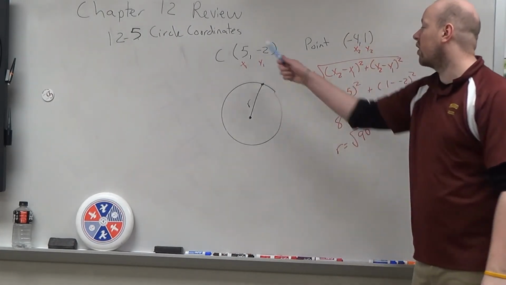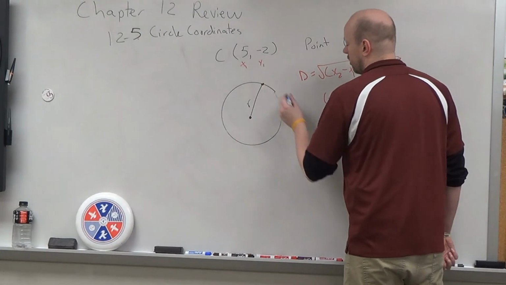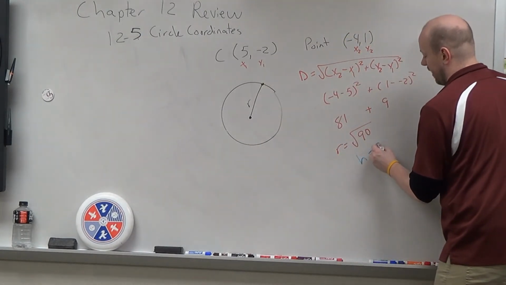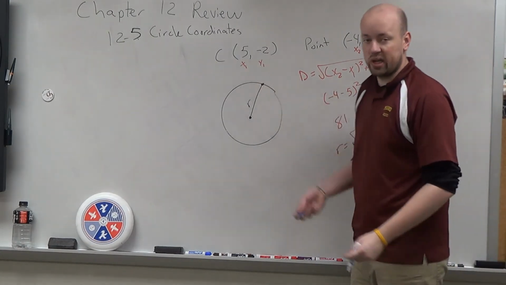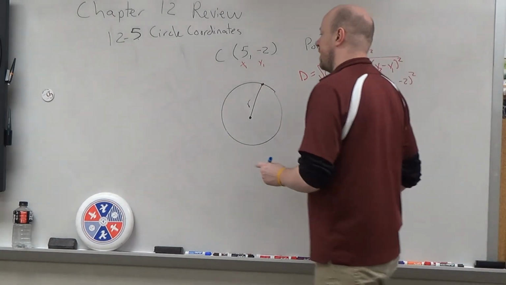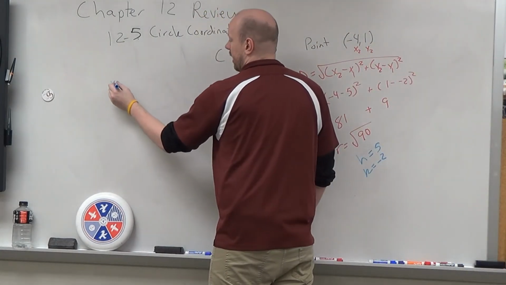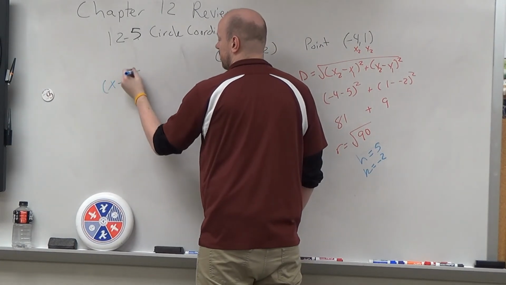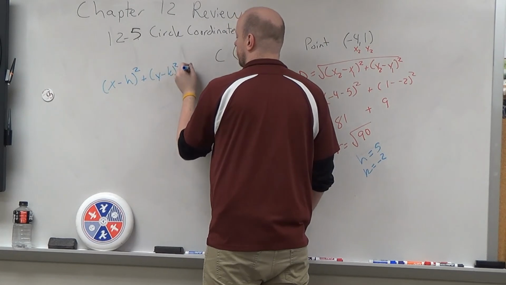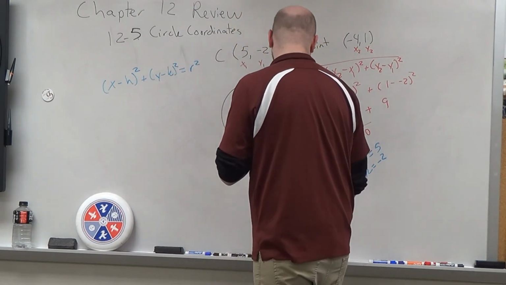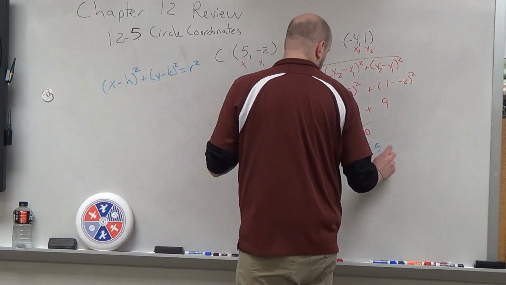And I actually already have my center. So my h is 5, my k is -2 because the center is already given. So now I just need to plug it right into my formula of x minus h squared plus y minus k squared equals my r squared. So just plug those values in.